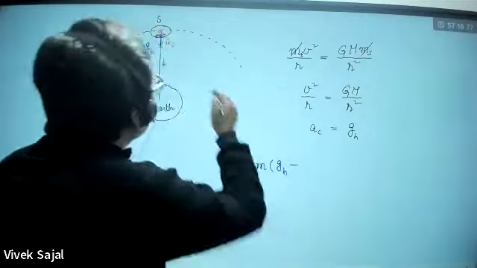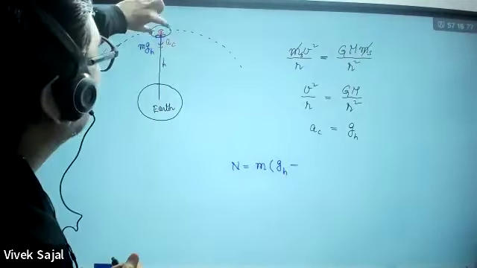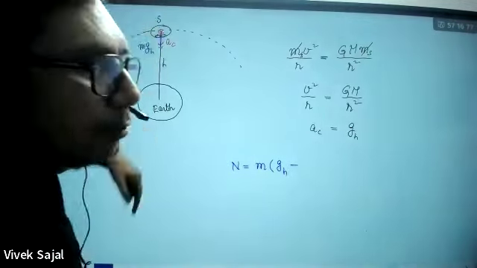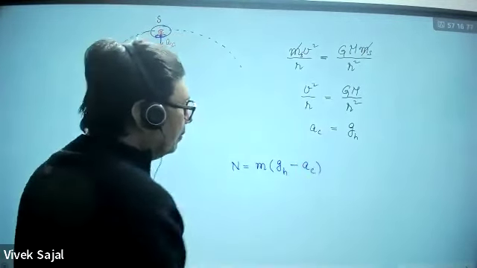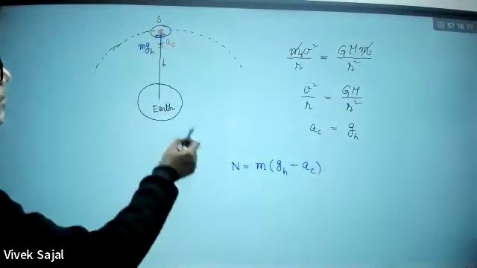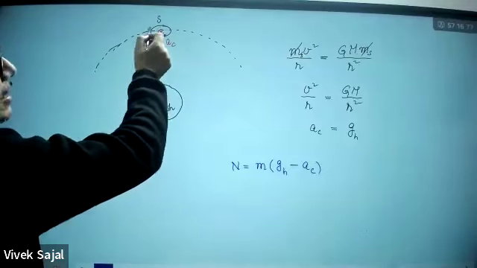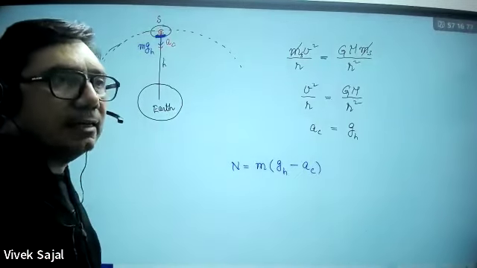You can compare this satellite with the lift. So what is the acceleration of this lift or this satellite? That is AC toward the center. So this will be your formula. This is the normal reaction that this weighing machine is going to exert on this person, and this is the reading of the lift in the satellite.